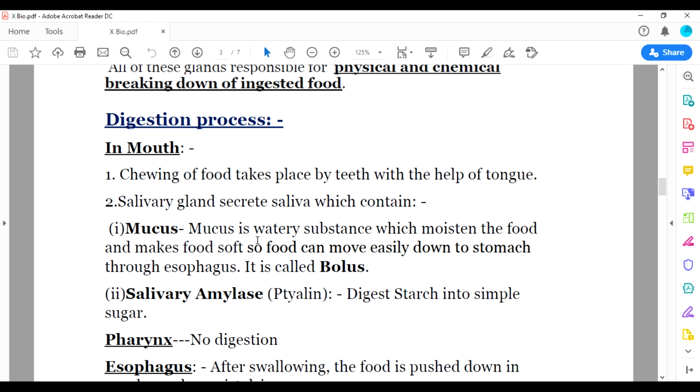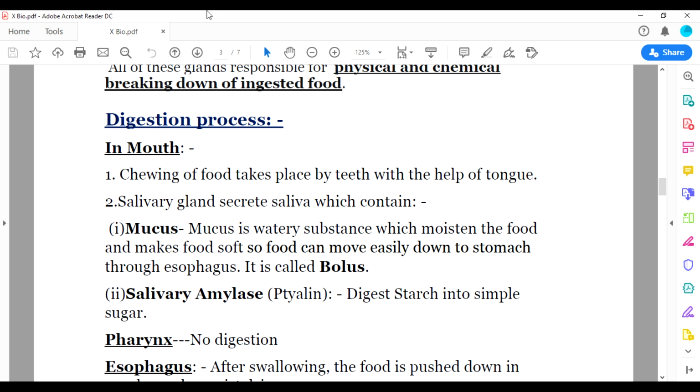Mucus is a watery substance which mixes into the food, moistens it and makes it soft so it can slip down easily towards the stomach through the esophagus. Amylase is a starch digesting enzyme. It is also known as ptyalin.